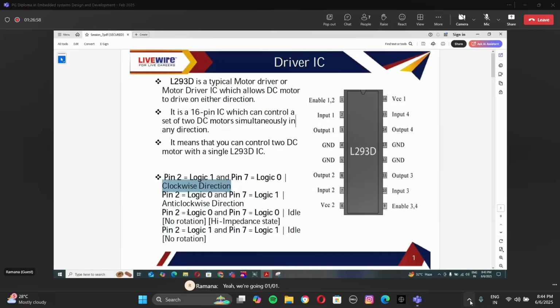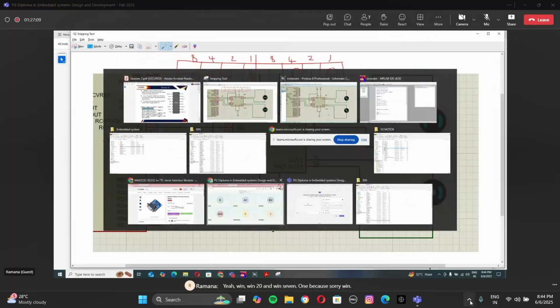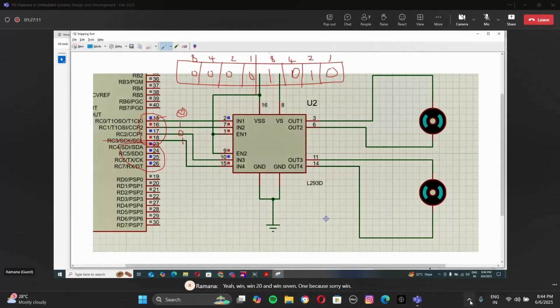Pin 2 and pin 7, if we give 0 1, it is anti-clockwise direction. Okay. So 8 plus 1, how much? 8 plus 1 is 10. So A. Okay.